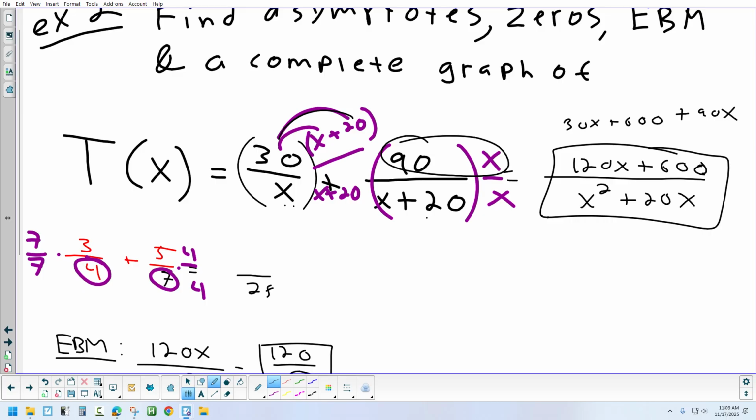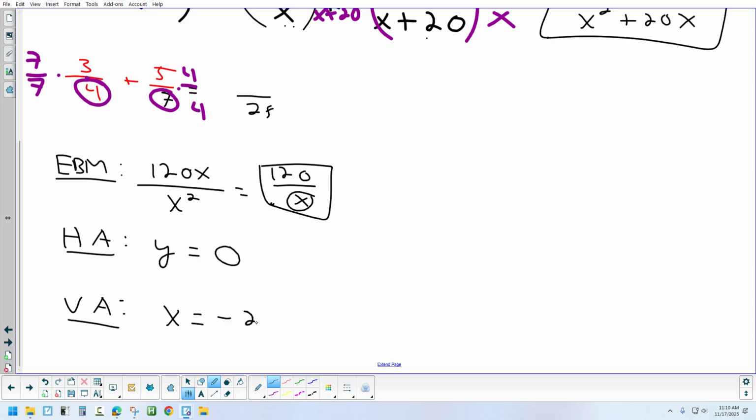Does anybody see a number you could plug in that would cause you to divide by 0? Negative 20. Yep. And I know negative doesn't make sense for speed, but forget that x represents speed. So x could be negative 20 or 0. Yep. So there are two vertical asymptotes.